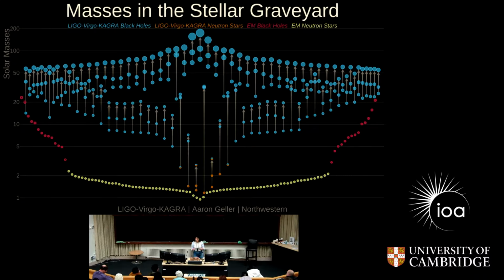And some of them are merging neutron stars, some of them merge neutron stars with a black hole, but a lot of them are two merging black holes. And you can see, if you look on your left, that's the masses of the objects that we're looking at. So we're looking at objects from just a few times that of our sun to around 100 or 200 times the mass of our sun.